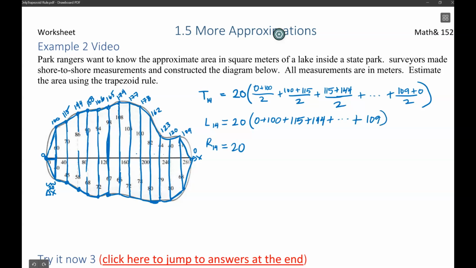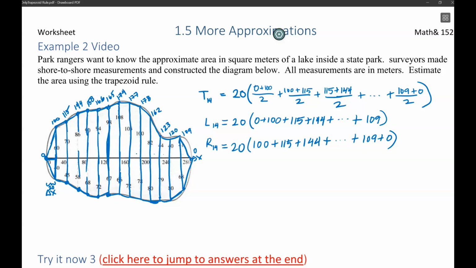We're not going to go all the way out to that very last endpoint where it's at 0. And then for a right-hand sum, we're going to take 100 plus 115 plus 144. So we're basically just skipping the 0, and we'll keep going. And this time we will hit the 109, but we will also catch the 0 at the end. Notice that the 0 doesn't actually make any difference. So we actually are going to get the same thing from left and right.